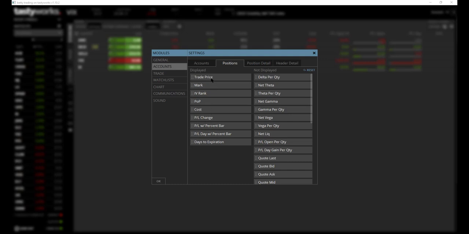I mainly want to know what the trade price was, because the trade price and the color of that trade price is going to let me know if it was a debit or a credit and how much I paid or collected. And next to that, I want to see the mark, because once I know how the trade was opened, whether I took a credit or a debit, and I know what that number is, I can immediately look at mark and I can see, am I up in the trade or am I down in the trade?